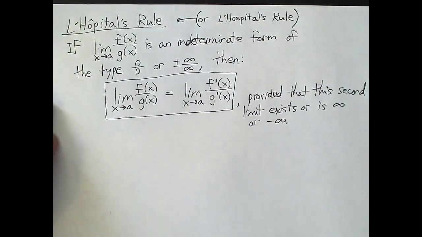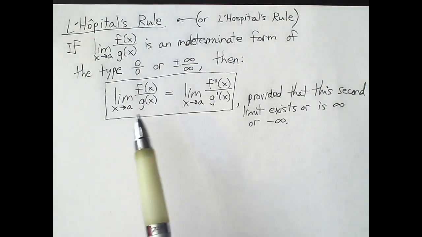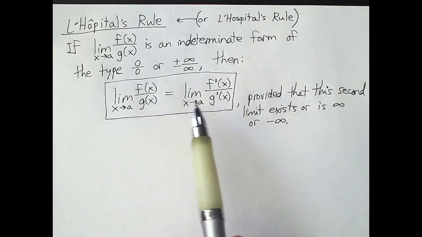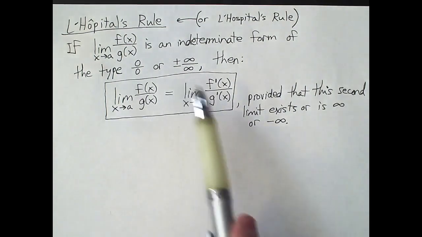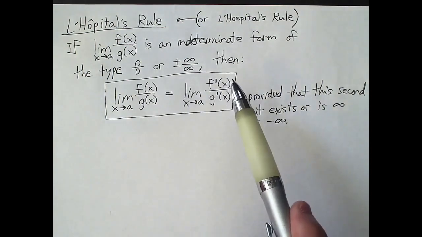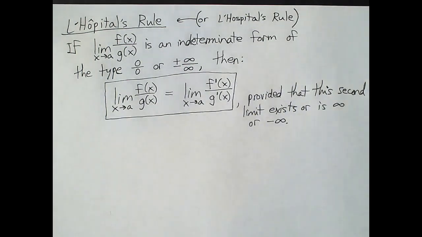But yeah, L'Hopital's rule tells us that if you have one of these indeterminate forms, which seem pretty common with limit problems, a lot of limit problems are in these kinds of forms, one way that you can solve them is, you still have a limit. All right, the limit of this equals the limit of that. So you still have limit as x goes to a, but you take the derivative of the top and derivative of the bottom.